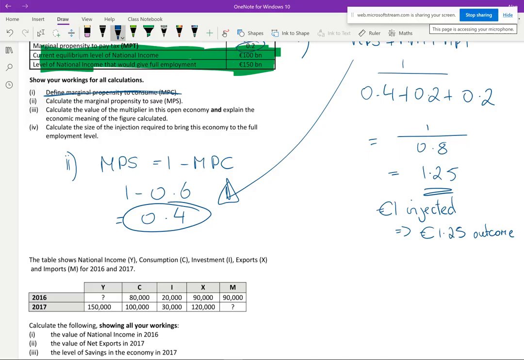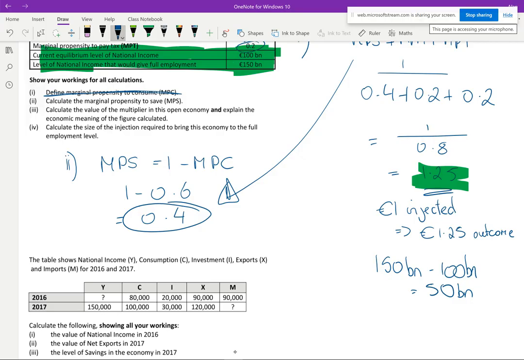But the question is, how much do we need to inject to get 50 billion? Anyone? Think about it, pause it, think about it. Well, we need basically 150 billion minus 100 billion is 50 billion. So we know that. You have to show your workings here. 50 billion, okay? But we don't need to inject 50 billion into it because the multiplier is 1.25.